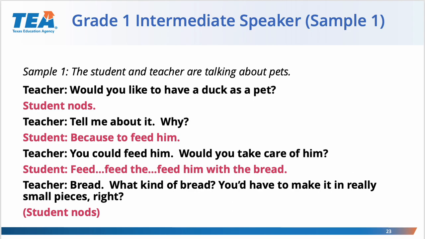Okay, definitely intermediate, right? What I'm noticing, and this continues on the next slide, is that the student isn't just silent and not able to respond at all, right? Sometimes they are, but sometimes they're not. So we're already out of the beginning phase, right? And then what do you notice about the use of the tenses?